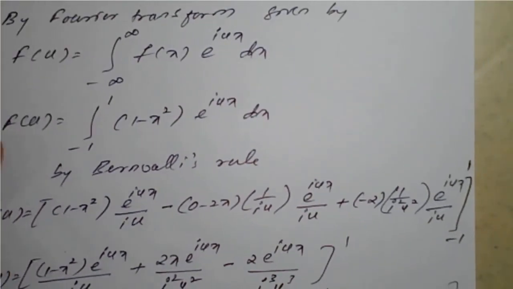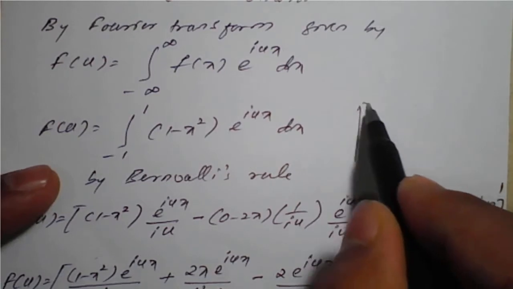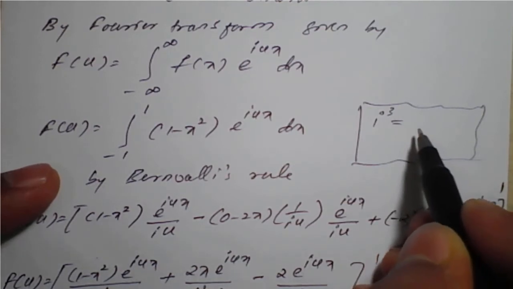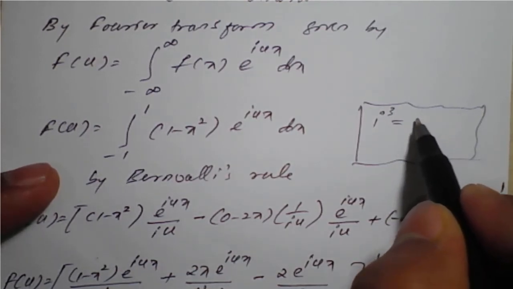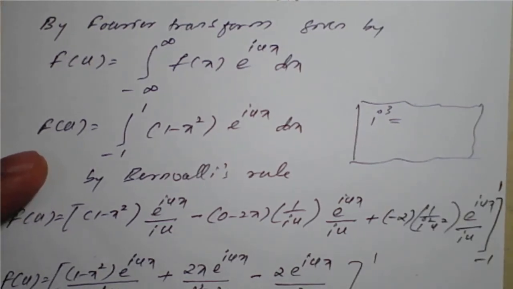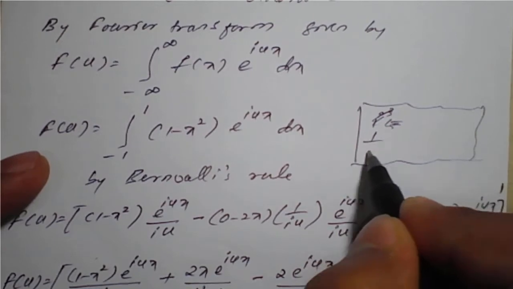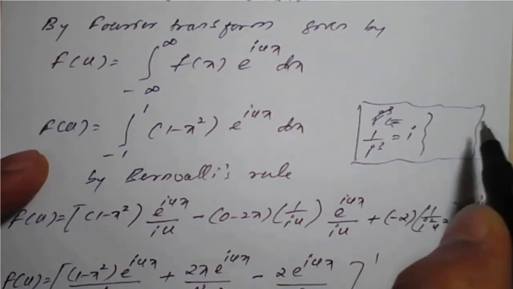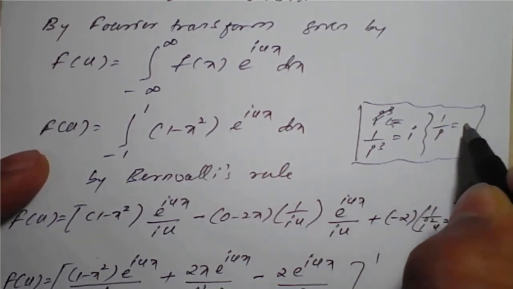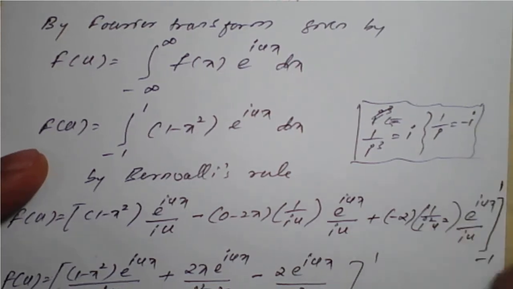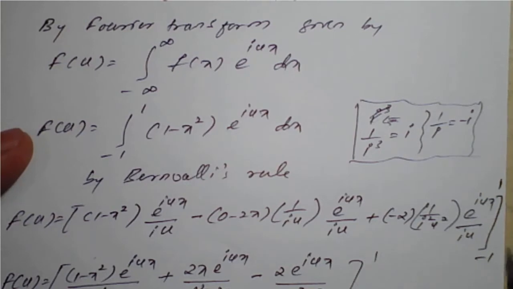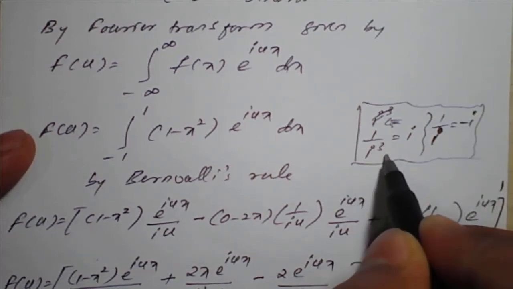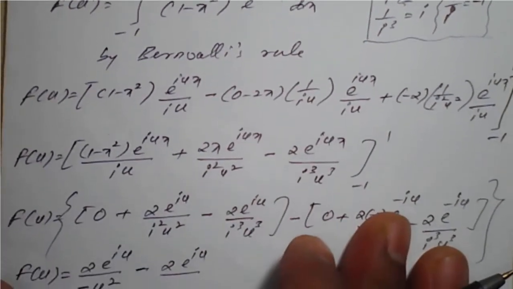So I will write down here. 1 upon i cube is nothing but i, and 1 upon i is nothing but minus i, and as you know that i square is nothing but minus 1.